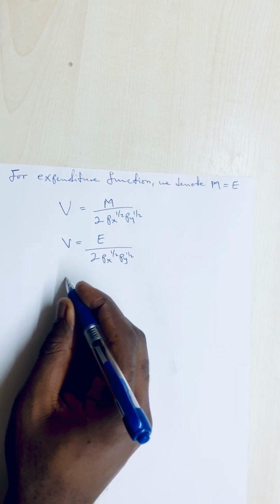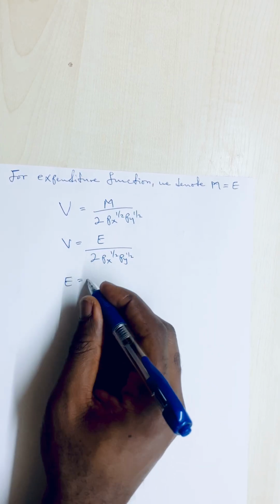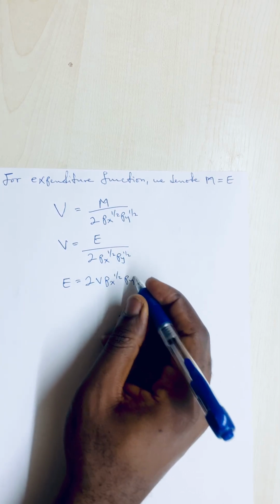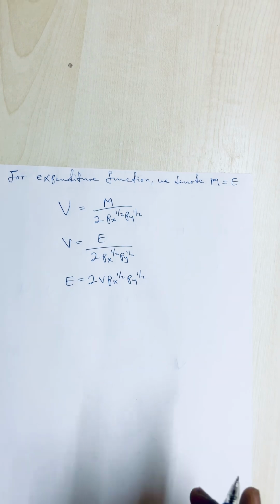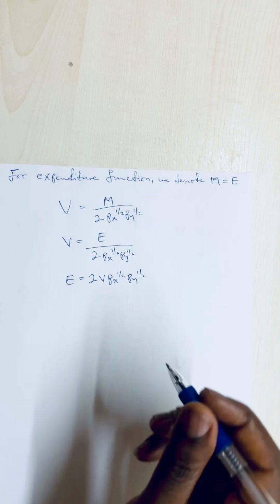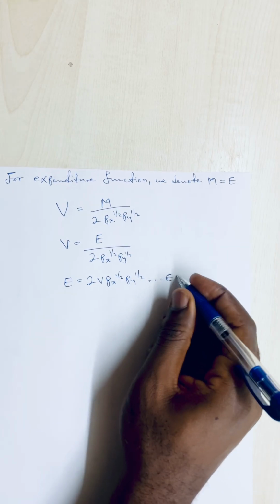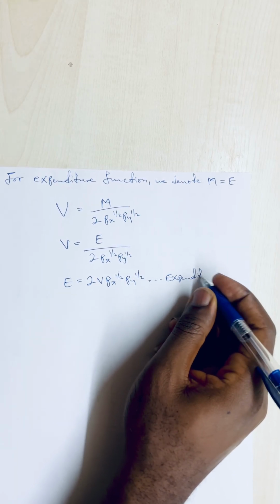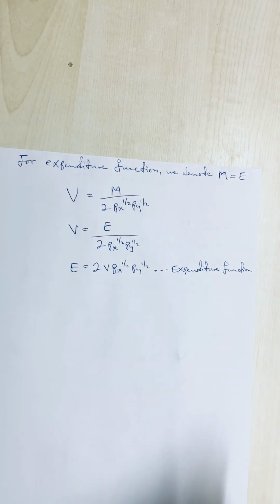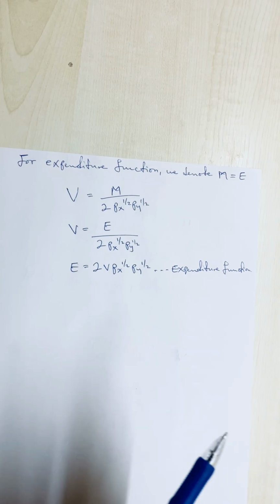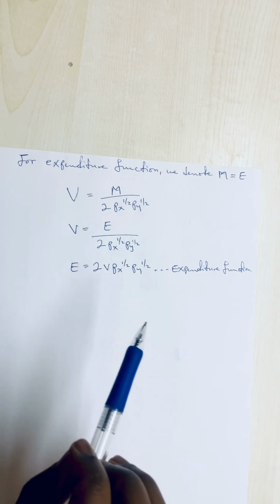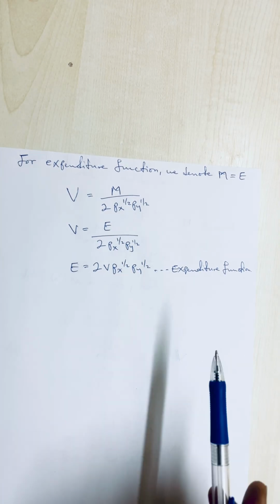So just by cross multiplying, you have E equal to 2V px half py half. So basically, this is your expenditure function. Whenever you want to solve for the expenditure function, you solve for E. So when E is equal to 2V px half py half, that's your expenditure function.